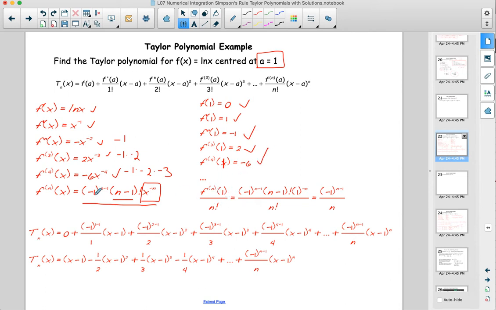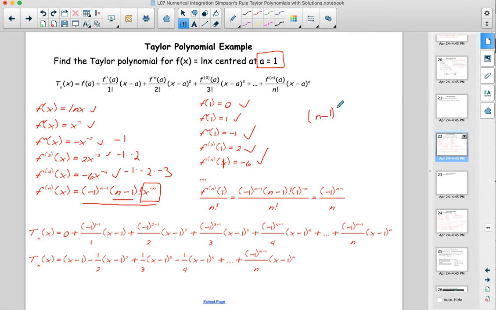And in general, if we plug a 1 into this expression, we're going to get a 1 over here. So we get -1 to the n minus 1 times n minus 1 factorial times 1 to the negative n. And if we simplify all of that, let's see what happens.